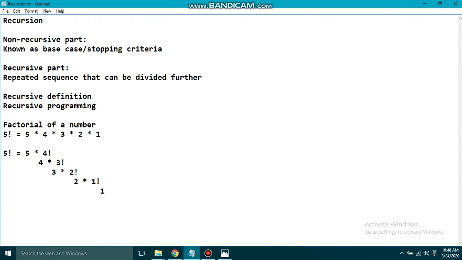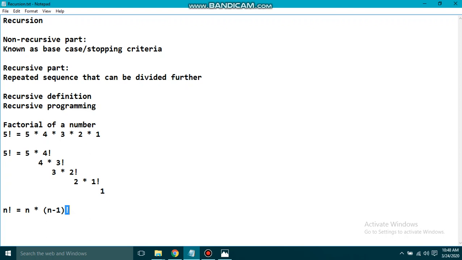If I have to define it in terms of n, for 7 factorial or 8 factorial or any kind of factorial, the definition is always similar to this: n into (n minus 1) factorial, right? So factorial is calling itself.